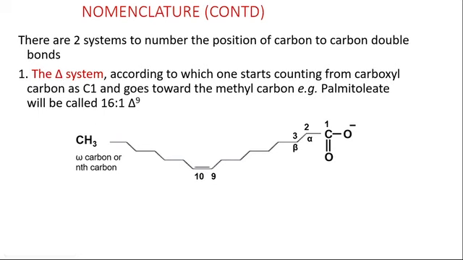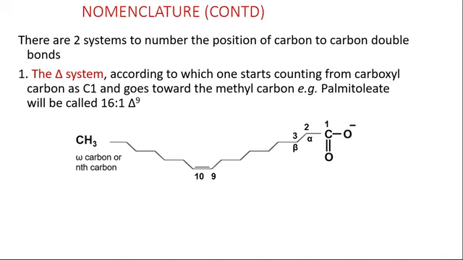But generally in food science and food analysis, we only talk about the omega-3, the omega-6, we talk about unsaturated, and we talk about saturated. The delta system is uncommon, but as chemistry students, you should know this nomenclature system.